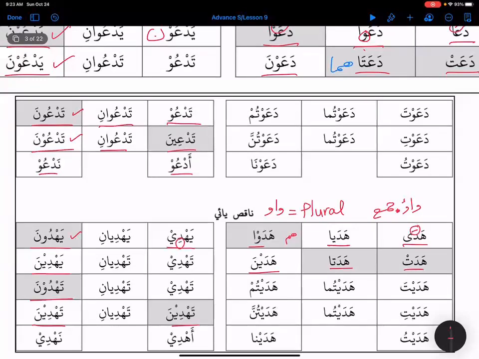Tahdi, tahdiyani, and then yahdina. This is hunna. Then tahdi, tahdiyani, and then tahduna, tahdina, tahdiyani, and tahdina. So now we see that anti and antunna, they are overlapping, right? And then ahdi and nahdi.